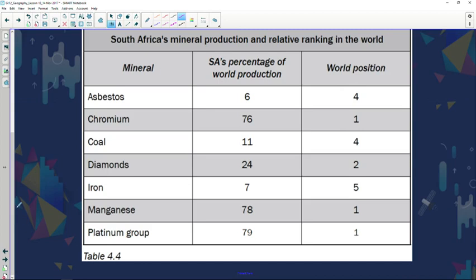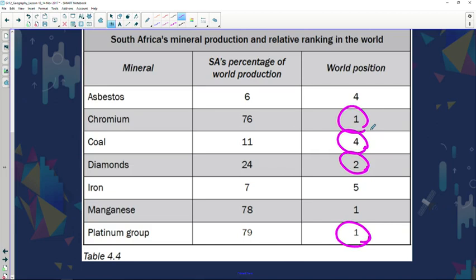As you can see, for instance, coal: we are the fourth biggest producer of coal in the world. Diamonds, the second biggest. Platinum, the biggest, as well as chromium. So we have quite a lot of raw materials.